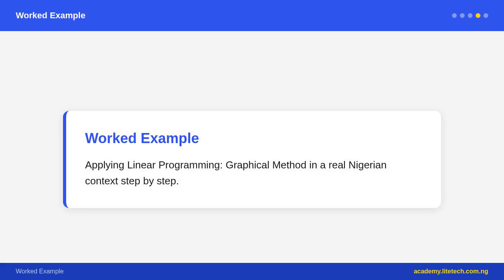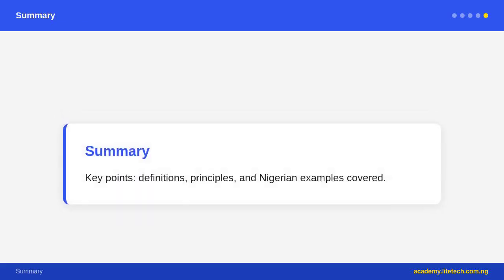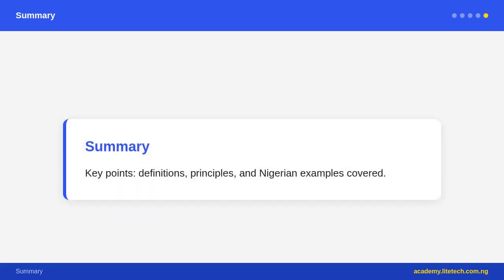Other corners, (5, 0): check 2(5) plus 0 equals 10 greater than or equal to 6. (0, 6): check 0 plus 12 equals 12 greater than or equal to 5.